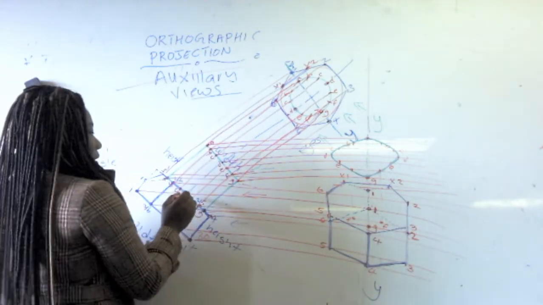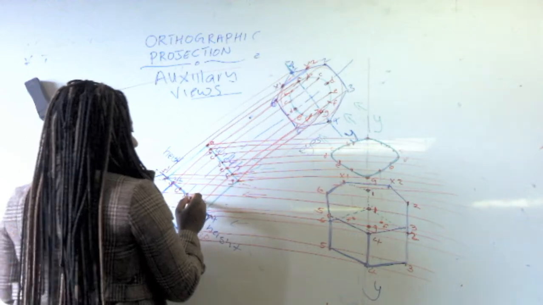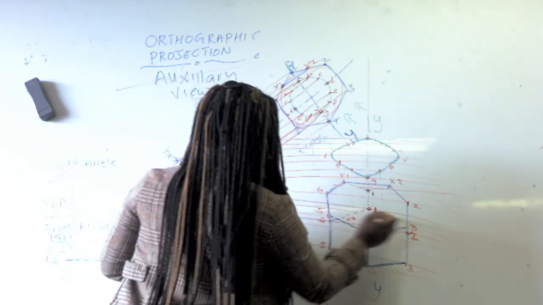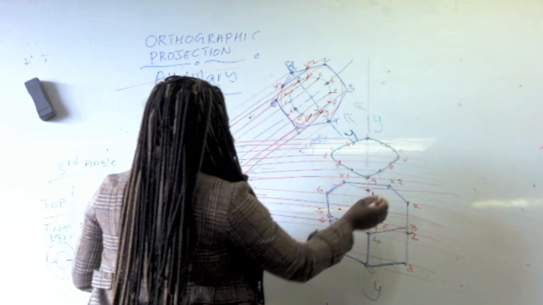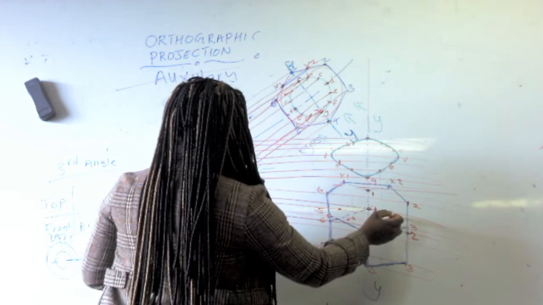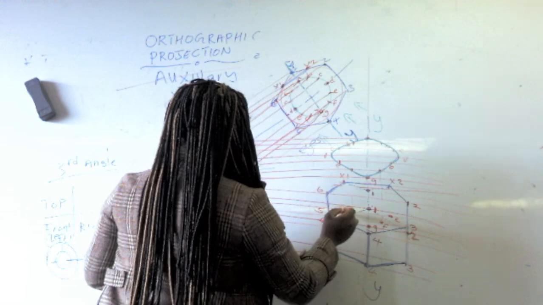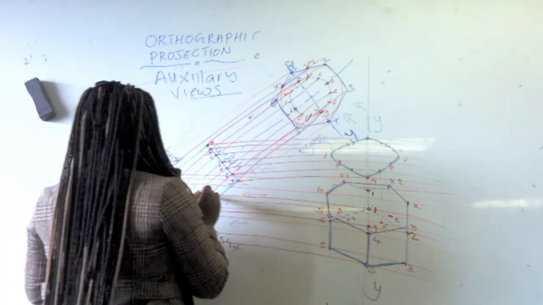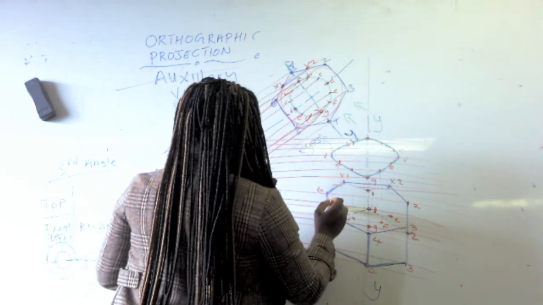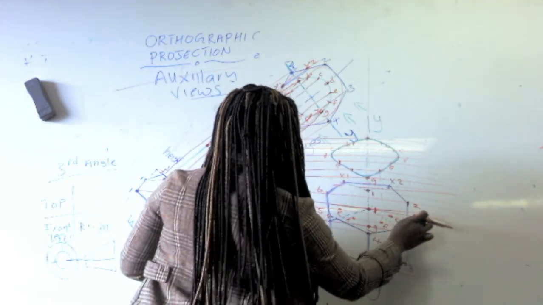Then you go to E. E must be in line with that E. On this line, in line with that E. Center line is the D. You go with that line. I'll use this line. Let's use that line.